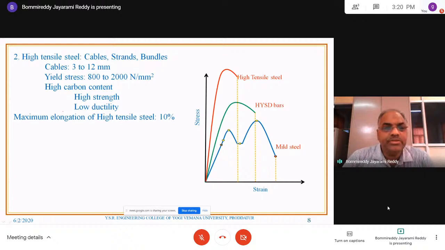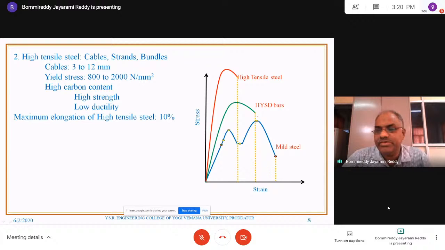Another material used here is high tensile steel. Because high strength concrete is being used, and at the same time large stresses are induced in it, that is possible only when the steel is high tensile steel.